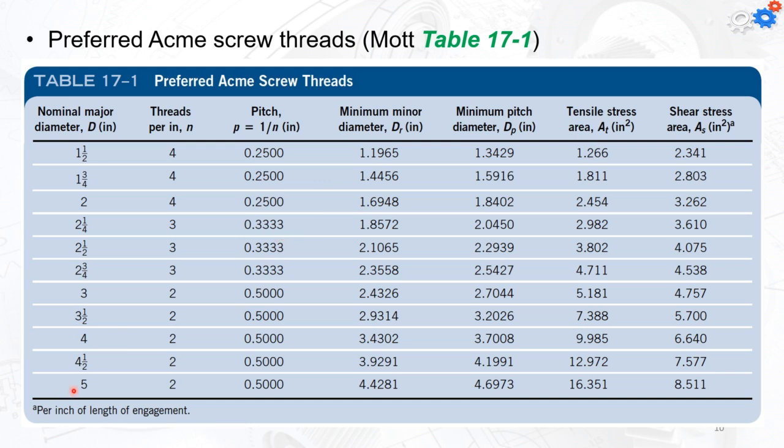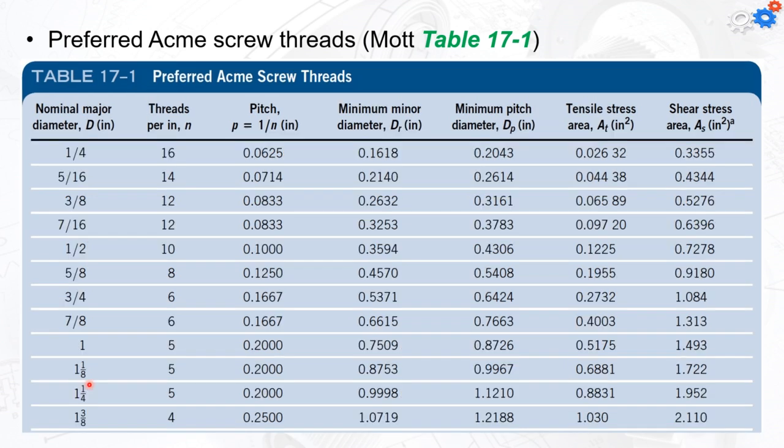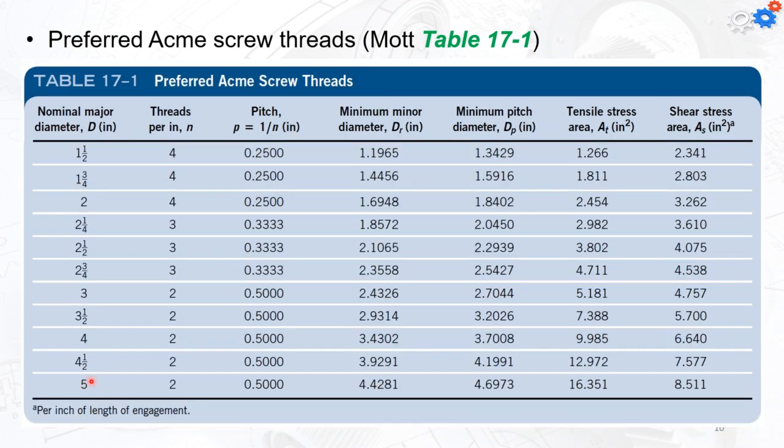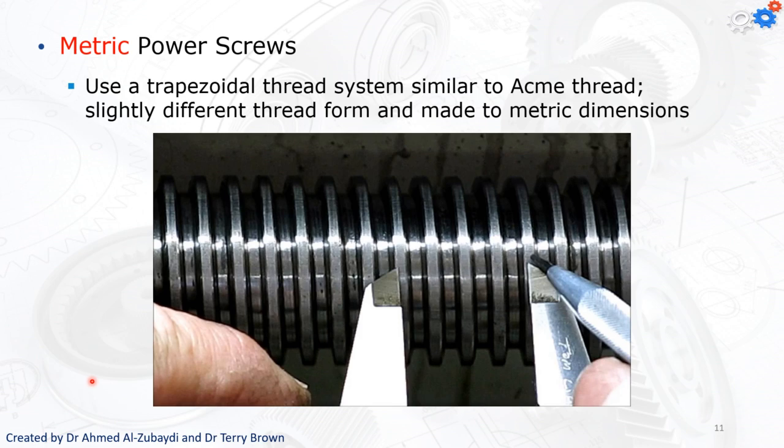This table goes up to a maximum nominal diameter of 5 inches, so we have the range from 1/4 inch up to 5 inches. Now for the metric power screws, we're usually going to use the trapezoidal thread system, similar to the Acme threads, with a slightly different thread form and made to metric dimensions.